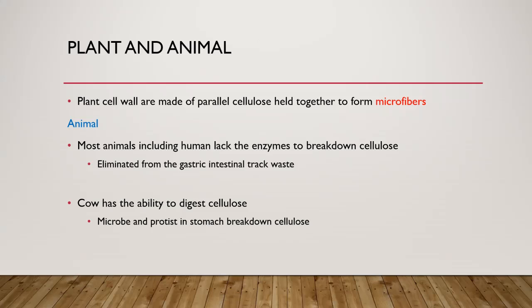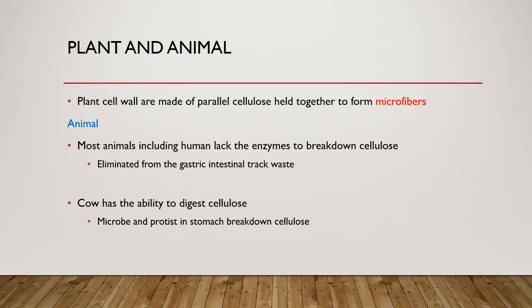As a result, cellulose is eliminated from the GI tract through the feces or waste. But the presence of cellulose in the stomach causes the gastrointestinal lining to secrete mucus that allows a smooth passage of cellulose.